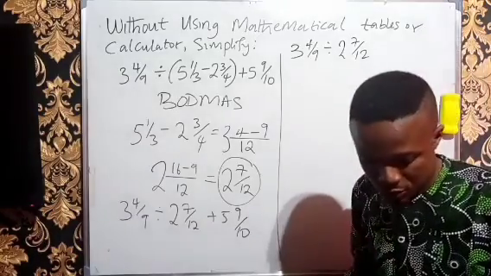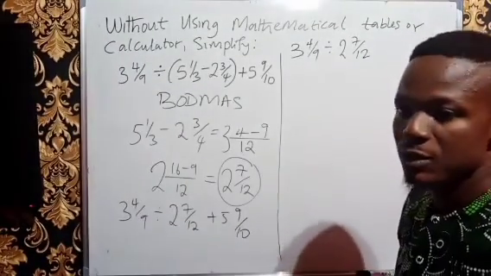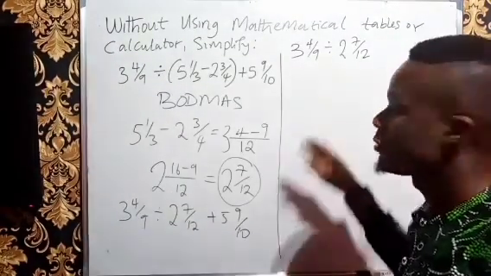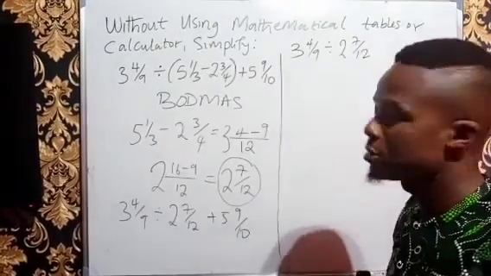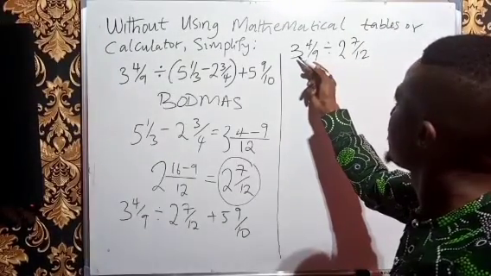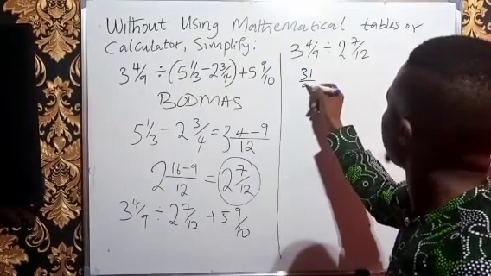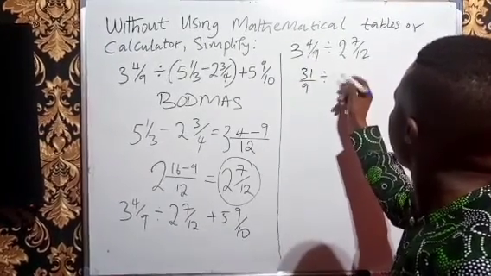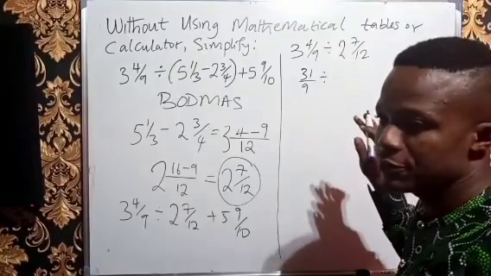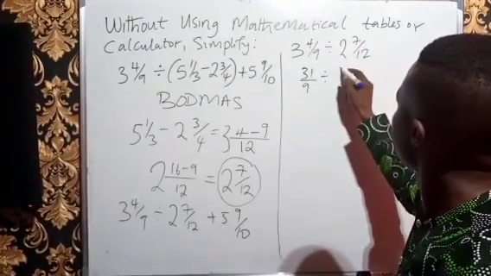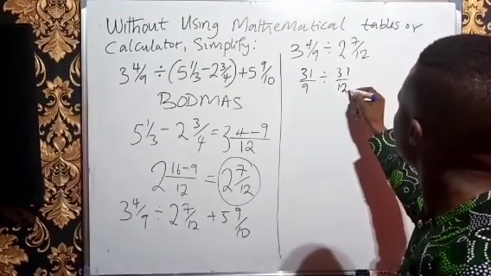But it's not easy to divide mixed fractions without changing them to improper fractions. So I've got to change all these to improper fractions. I will now have 9 times 3 is 27, plus 4, this is 31 over 9, divided by 12 times 2 is 24, plus 7 is 31 all over 12.